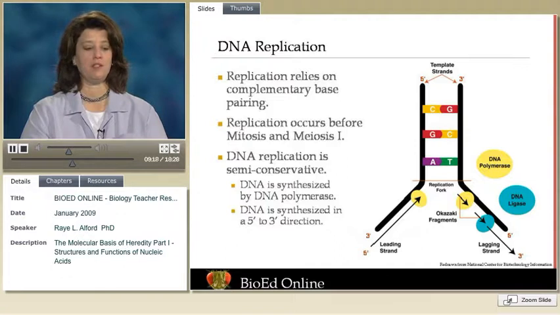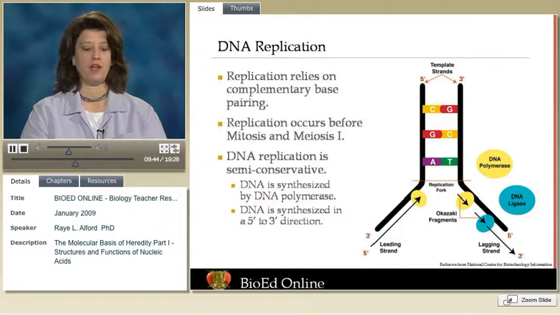DNA polymerase enzymes copy each strand of the DNA, relying on the complementarity of DNA base pairing to replicate each strand faithfully. Because of the precise process by which each strand of the DNA is used as a template to produce another strand of DNA, DNA replication is said to be semi-conservative. That is, each new DNA molecule is made up of one old strand of DNA and one new strand of DNA.